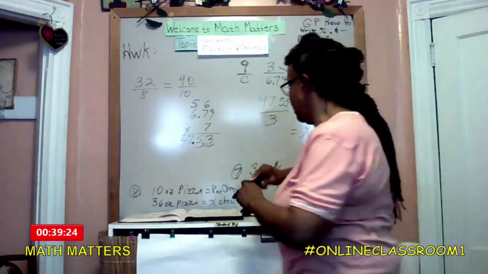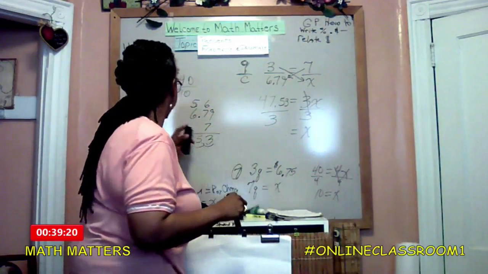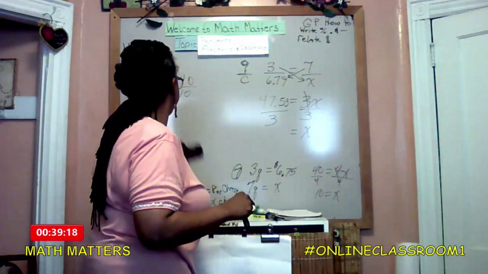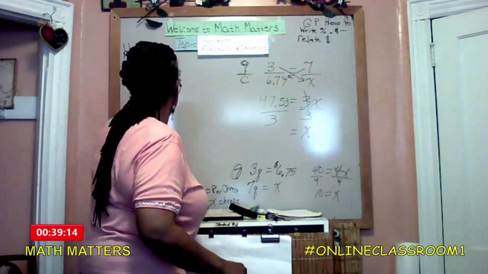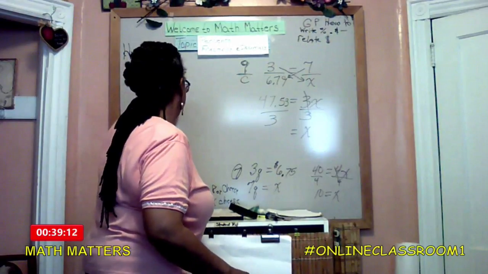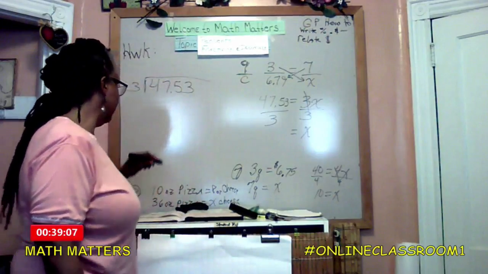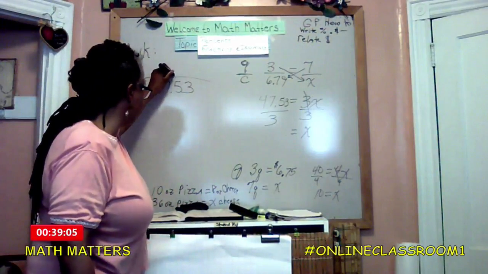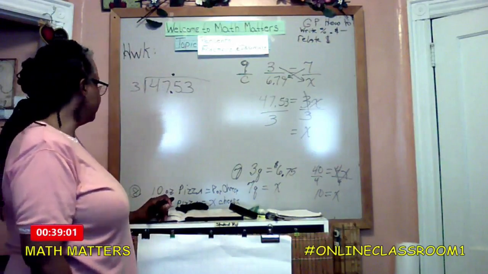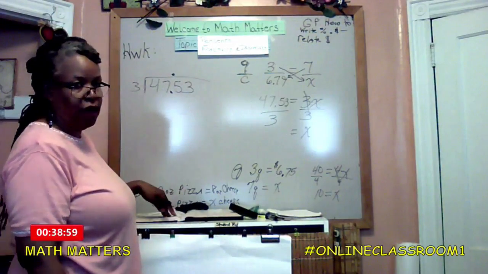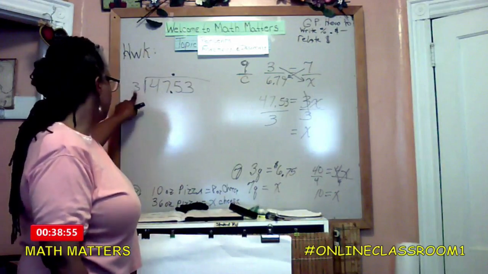Let's see what we get. Okay, put our decimal in our answer. That's the first step. The second step is to go ahead and divide as if the decimal didn't exist because we've moved it up.